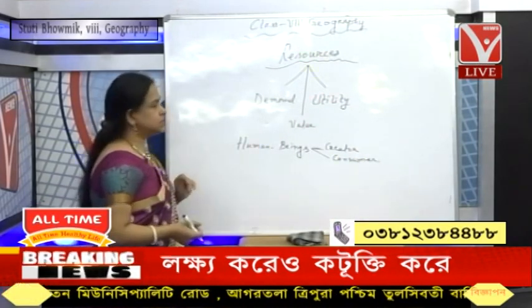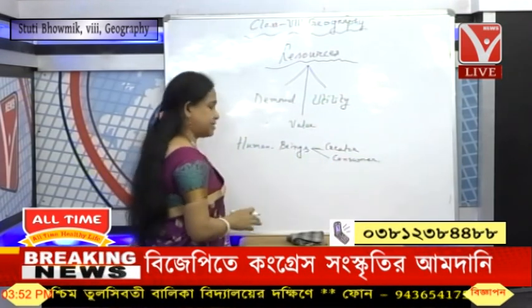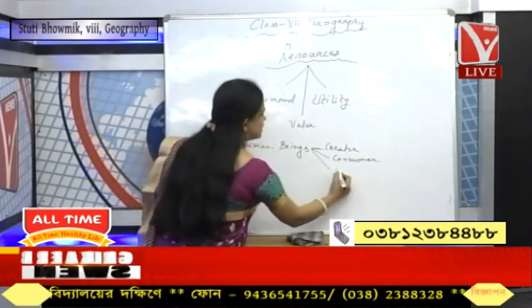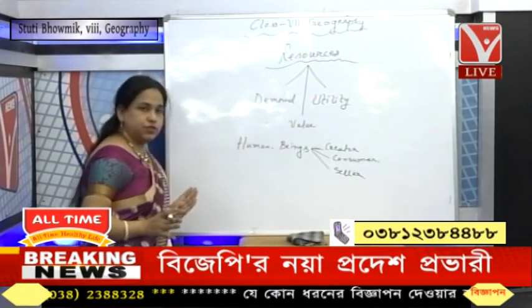Okay, understood? So he is the creator, he is the consumer, and he is also the seller. Up to this much we are clear, students?